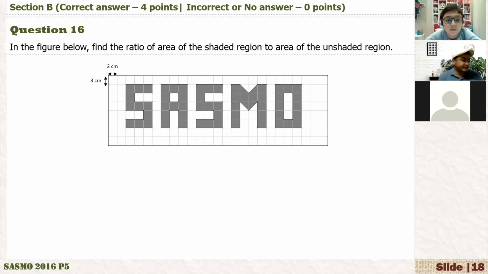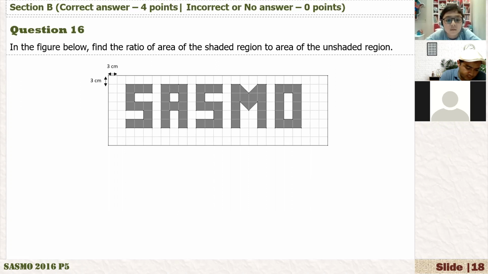In the figure below, find the ratio of the area of the shaded region to the area of the unshaded region. My answer is 9/10. How did you get it? I found the shaded area.